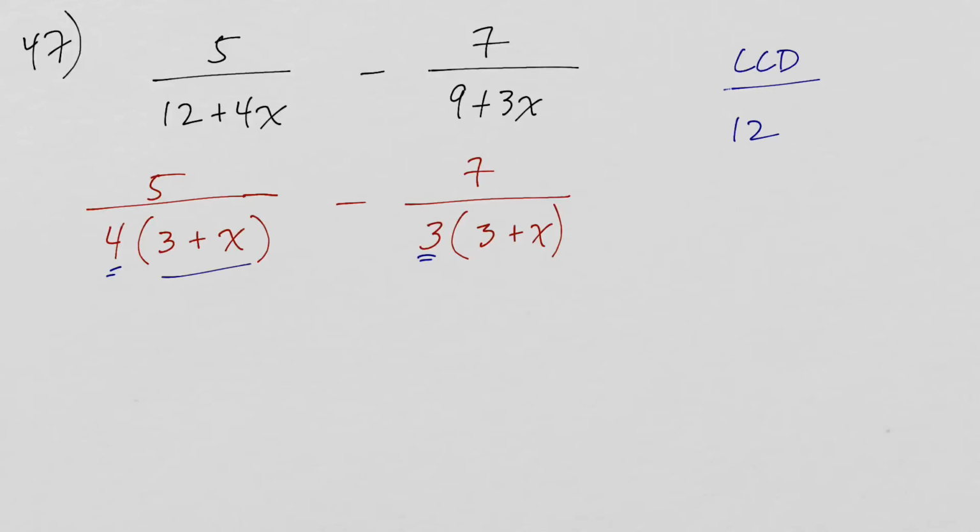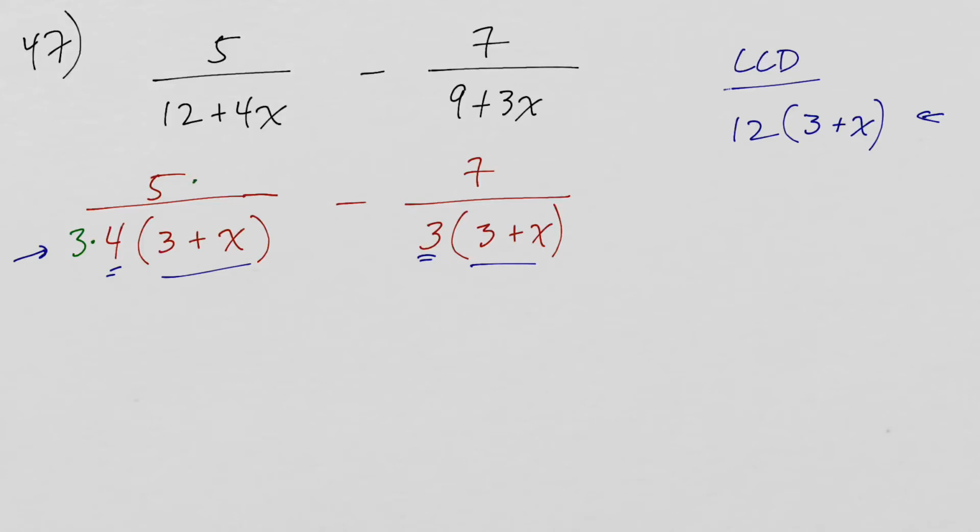And then this just matches up here, so, well, I like putting x plus 3, but I'll just write it the way it is, 3 plus x. So that's the LCD.